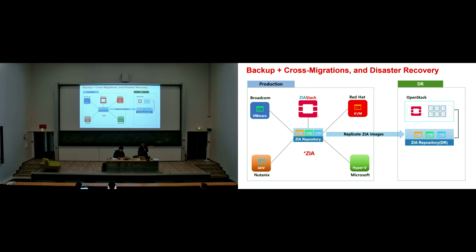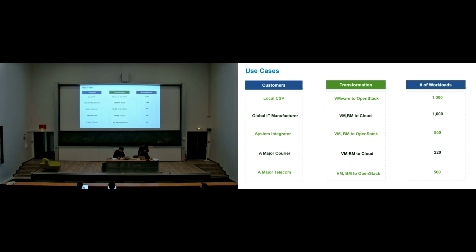Is it possible? You can see more details in tomorrow's other ZIA backup session, 4:30 p.m. Okay, these are many use cases to OpenStack. These are actual migration customers using the ZIA technology, very successfully completed.